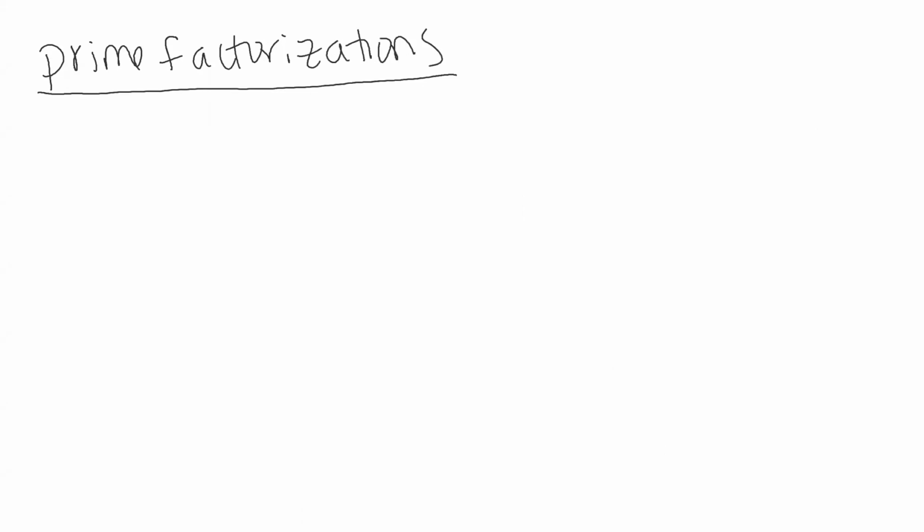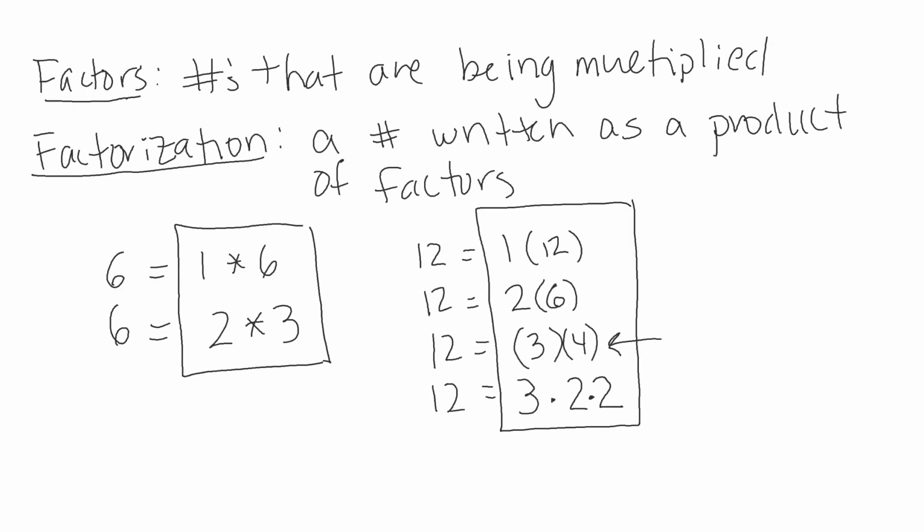Now, just to make sure everybody's super duper clear, a factorization is a number written as a product of factors. So instead of writing the number 12, we could think of 12 as 2 times 6, or 3 times 4, or 1 times 12.